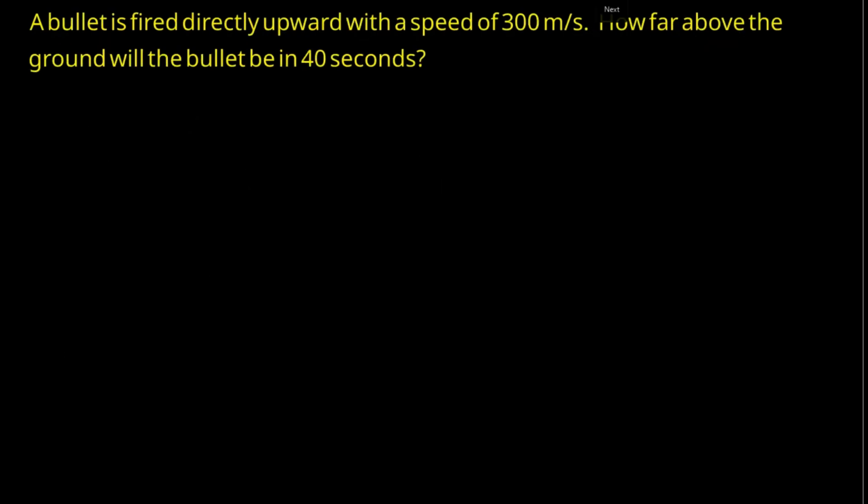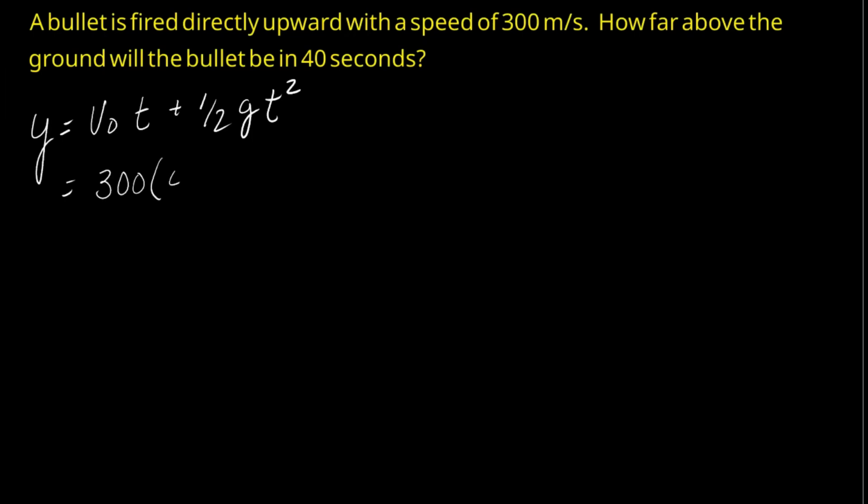Next, a bullet is fired directly upward at 300 meters per second. We want to find its elevation after 40 seconds. So, using y equals the initial velocity times time plus 1/2 gt squared, we're going to plug in the values. 300 times 40 plus 1/2.